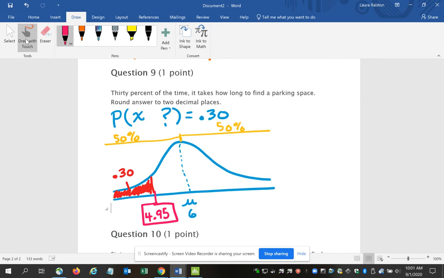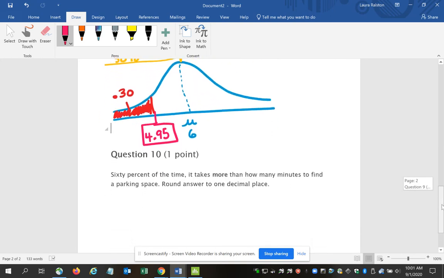So it takes approximately 4.95 minutes to find a parking space. 30% of the time, it takes 4.95 minutes to find a parking space.